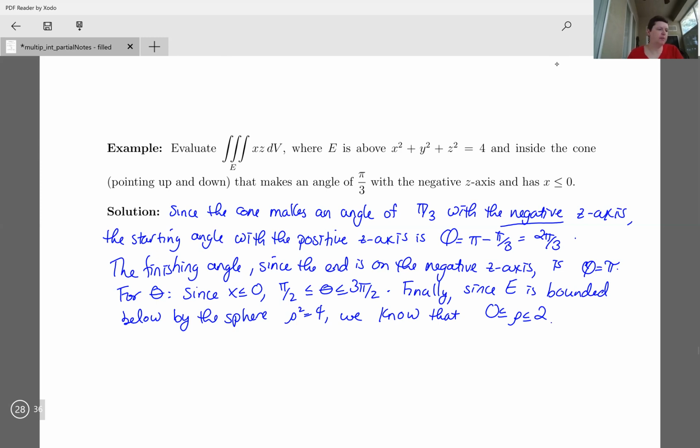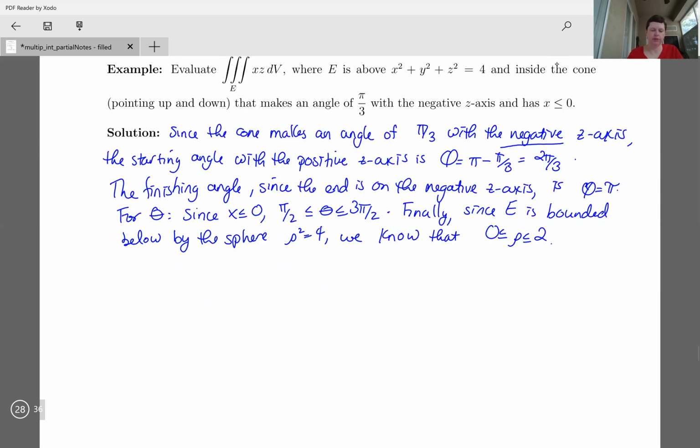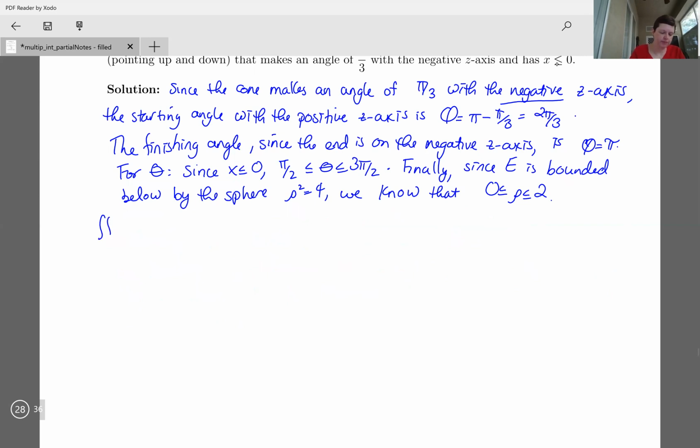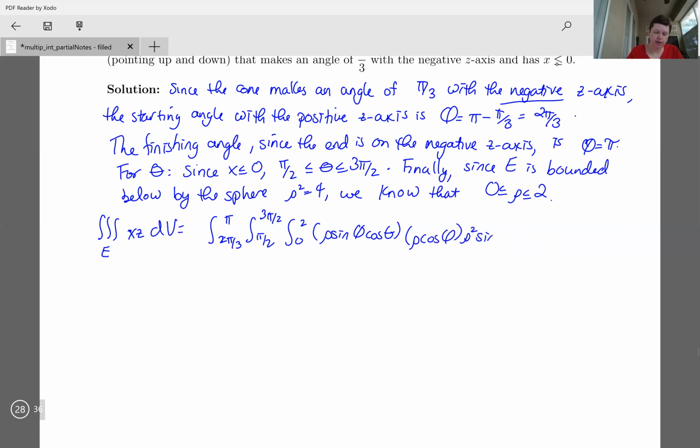I do have another example, but that's actually a longer one, so I'm going to stop the recording once we finish this one. So our triple integral of xz dV is going to be the integral from 2 pi over 3 to pi, the integral from pi over 2 to 3 pi over 2, the integral from 0 to 2, of rho sine phi cosine theta, rho cosine phi, rho squared sine phi, d rho d theta d phi.